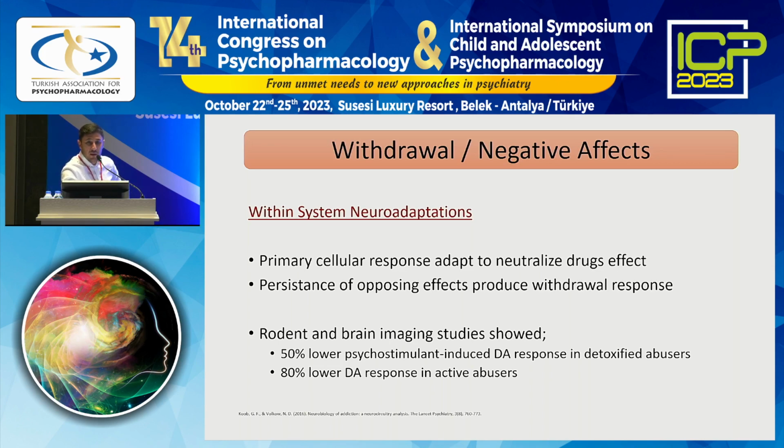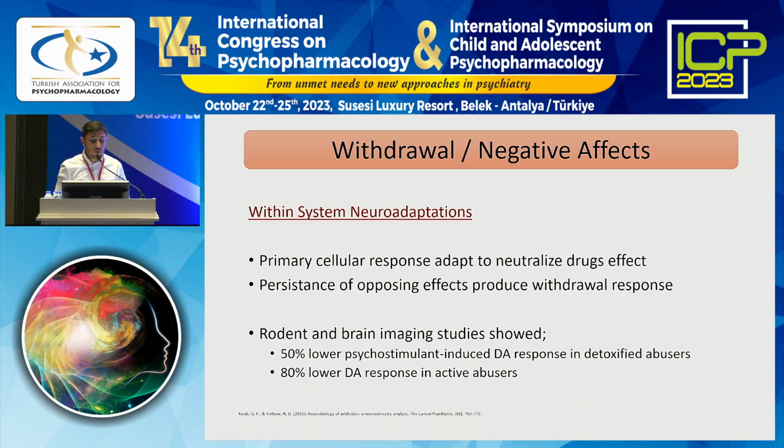Studies indicate that a 50% lower psychostimulant-induced DA response can be expected in detoxified abusers, or an 80% lower DA response in active abusers, according to rodent and brain imaging studies.